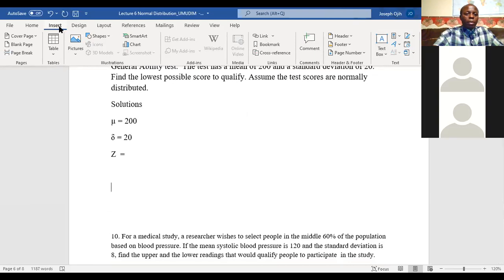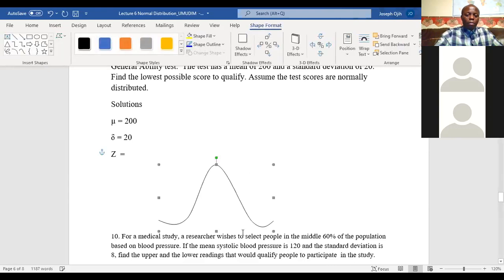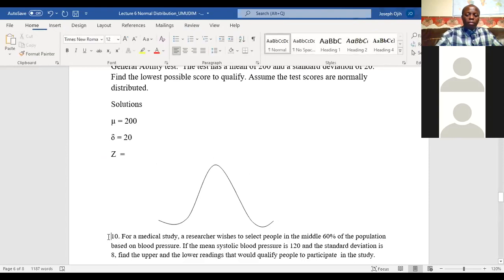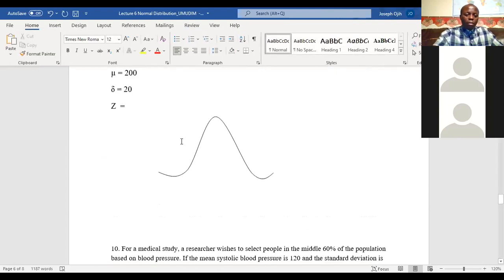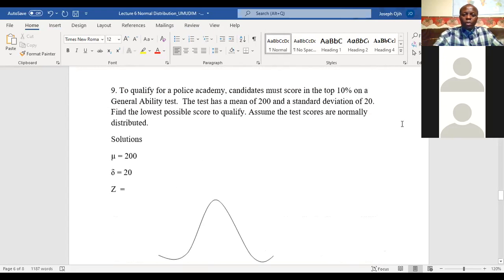So I'm going to insert a chart here, and I'm going to move some of this down. It said you need to find the lowest possible score to qualify.